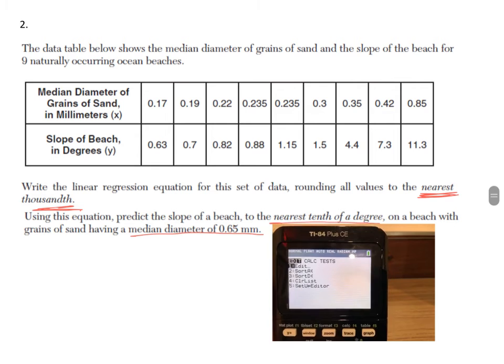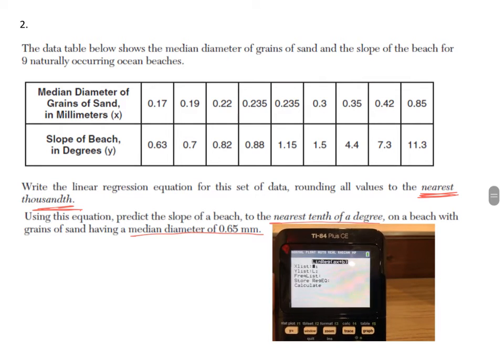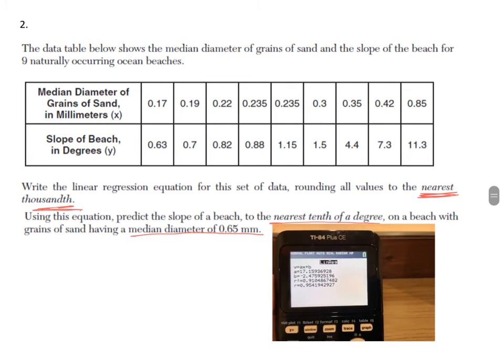Then we go to stat, we go to calculate, we go to linear regression, we go to calculate, and we get these values. So that's our equation. So let's plug in all this stuff. So y is equal to ax plus b. We just plug in everything. We need it to the nearest thousandth.